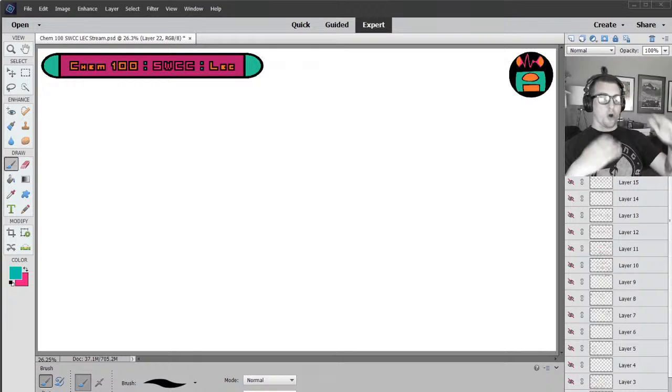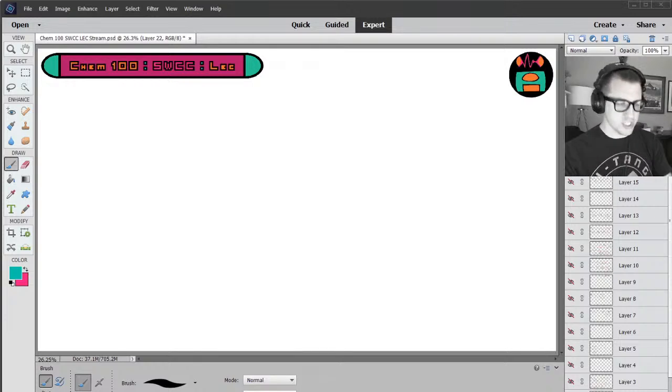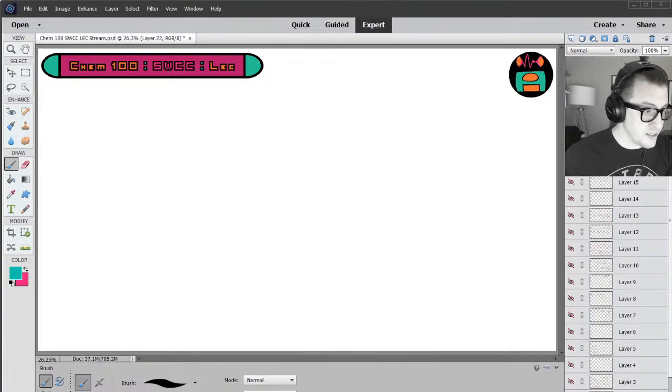You still need to do it on the actual worksheet, but you'll just have to manipulate it directly in the PDF and then save and upload it.